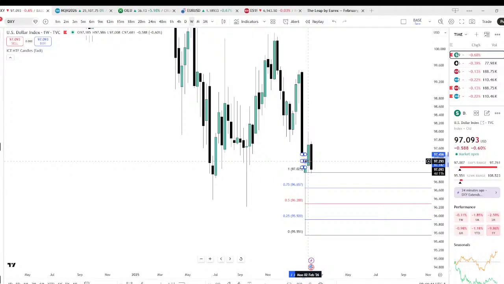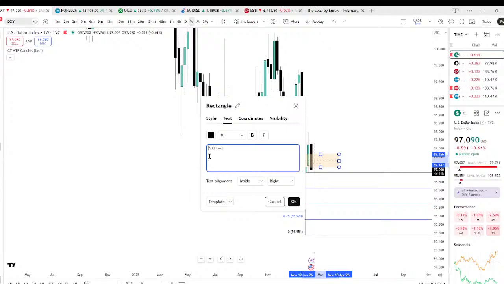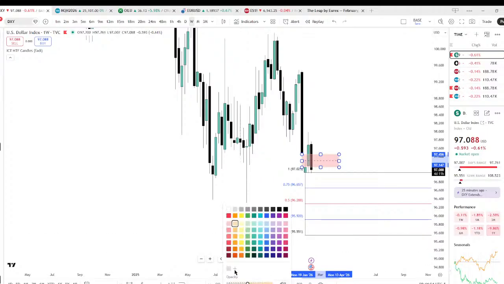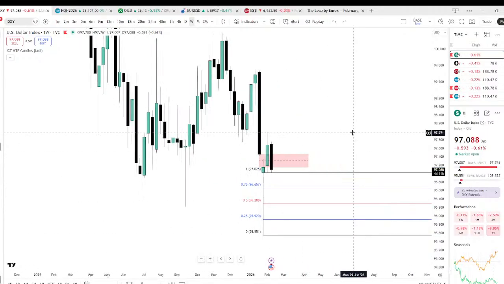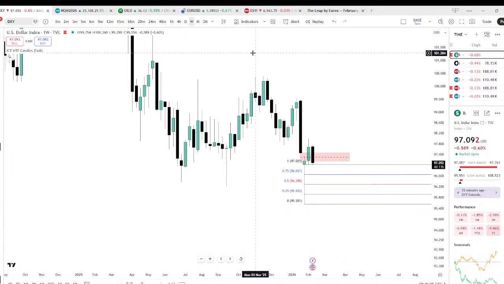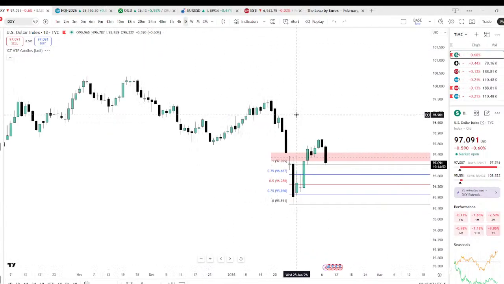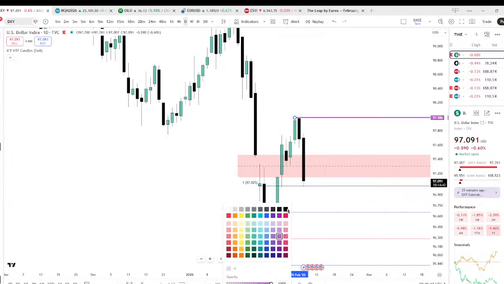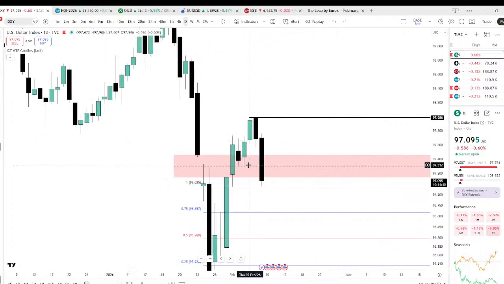Mark out this gap. So our last 3-day range, we have here, here, and here.